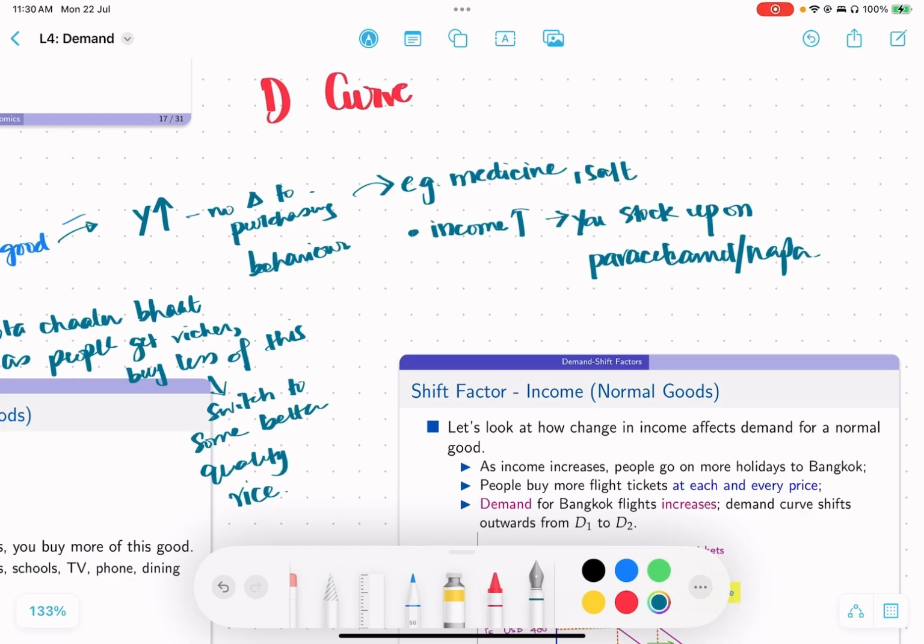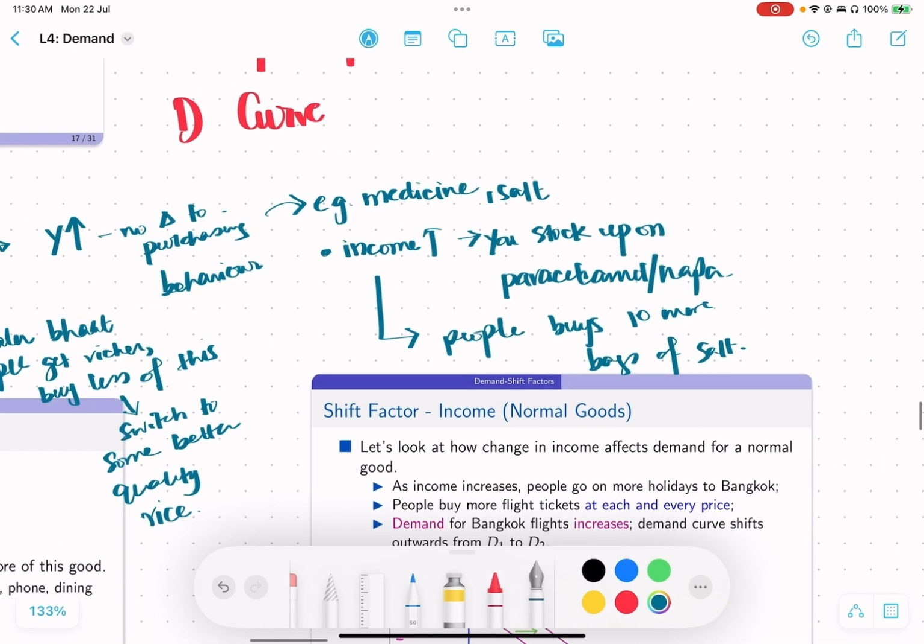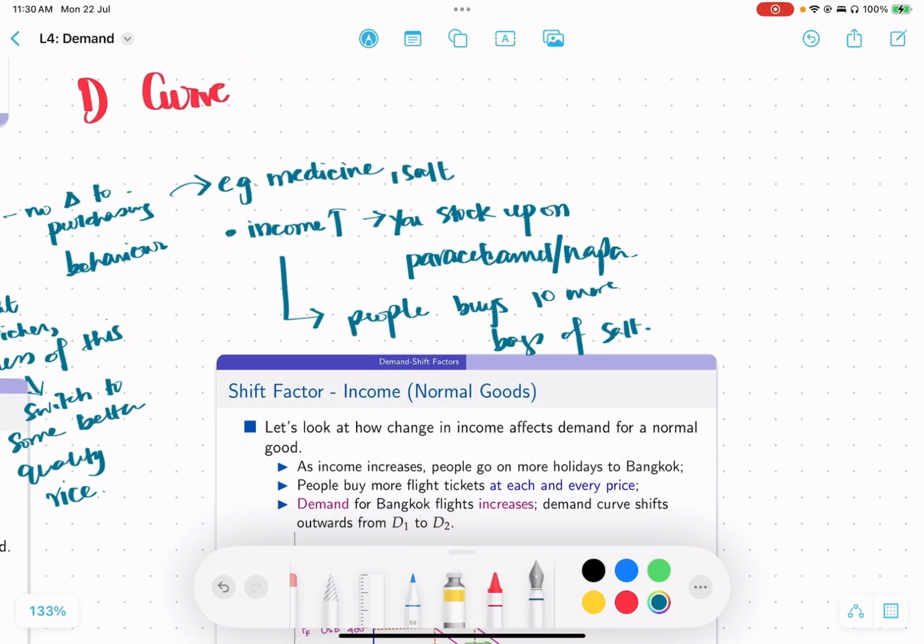salt, all right? It is never going to be the case that your income goes up and then people buy 10 more bags of salt, right? No, you need a specific amount of salt for your daily cooking. And it's not like it's something that you really stock up on, right? So this never happens.